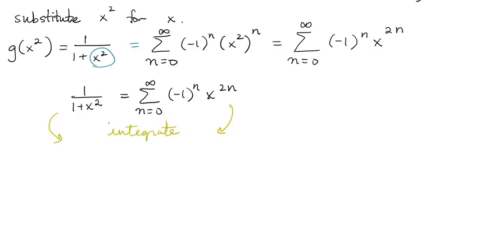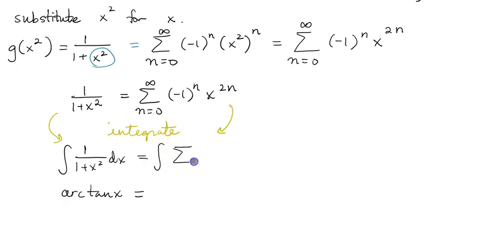The whole reason that we're integrating both sides is because we know that the integral of 1 over 1 plus x squared is arctan x. You won't see me write the plus c on the left side because I will write the plus c on the right side. I'm going to be integrating the right side of this equation as well.